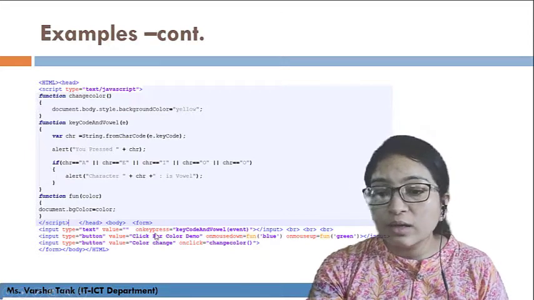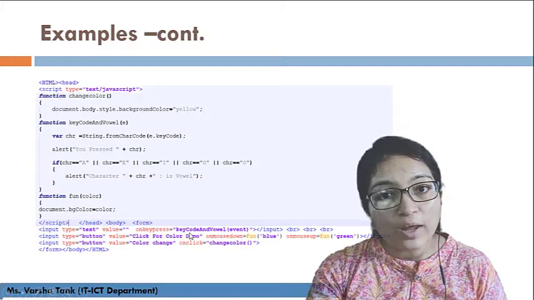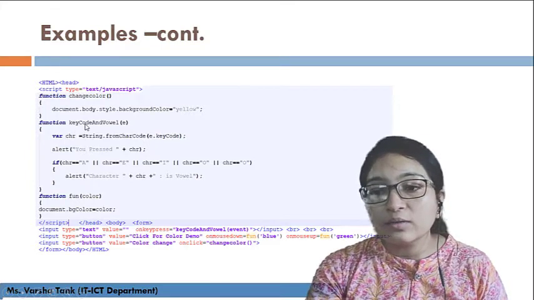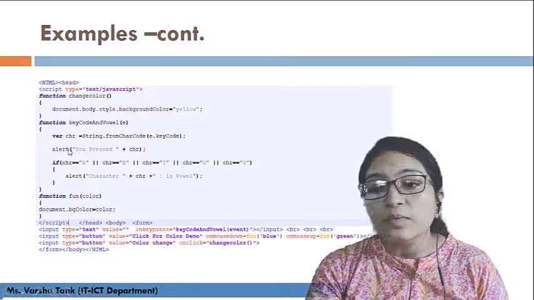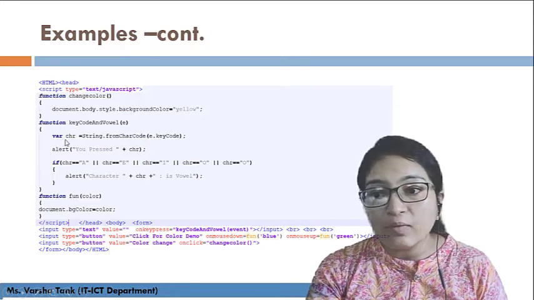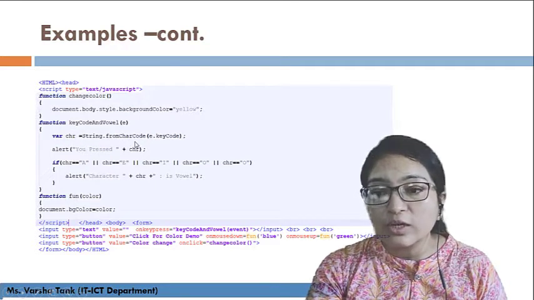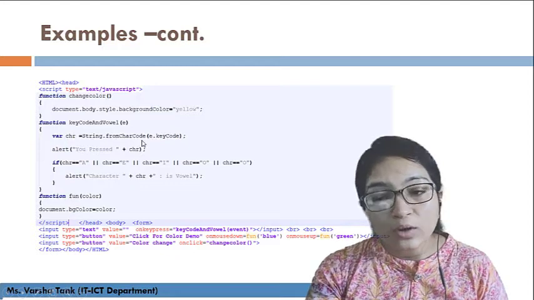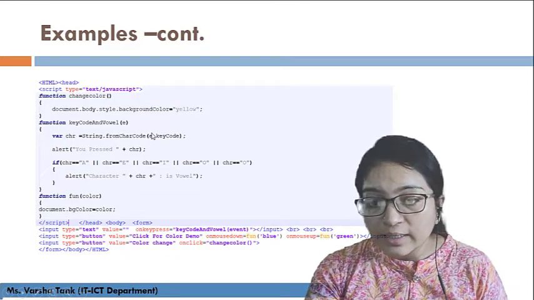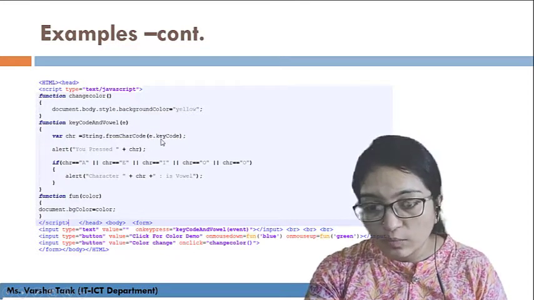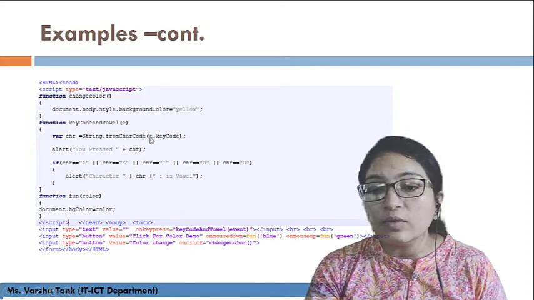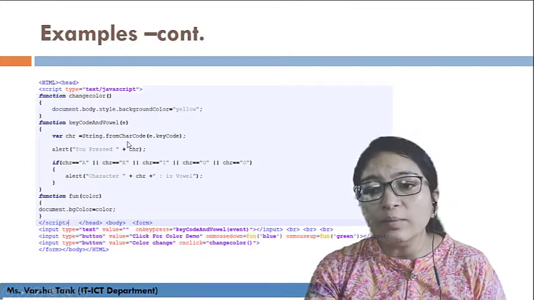Now next, let's see about this function key code and vowel. So in this function you can see we have declared one variable, character is equal to String.fromCharCode(e.keyCode). Okay, so here the value will be passed.